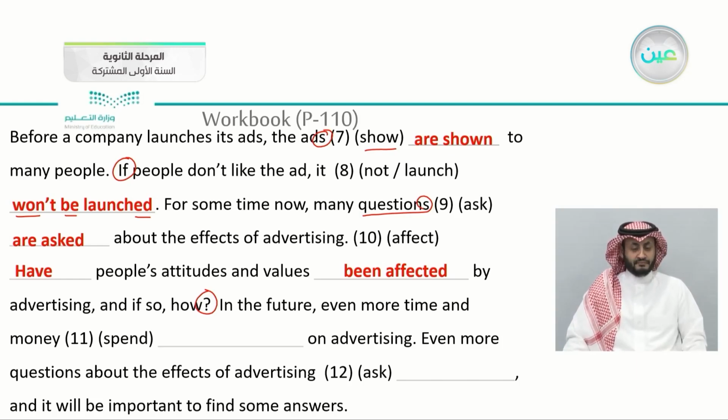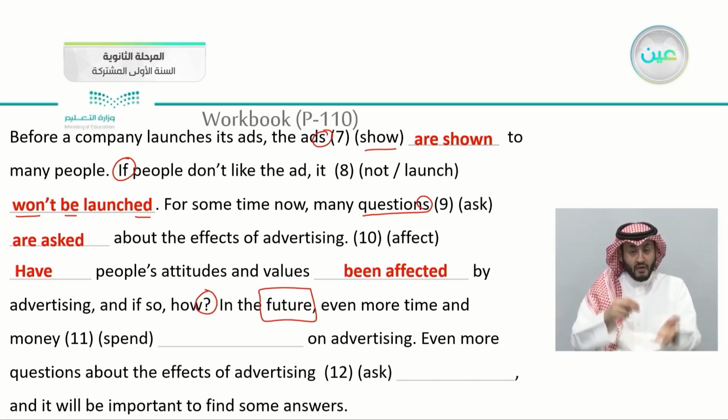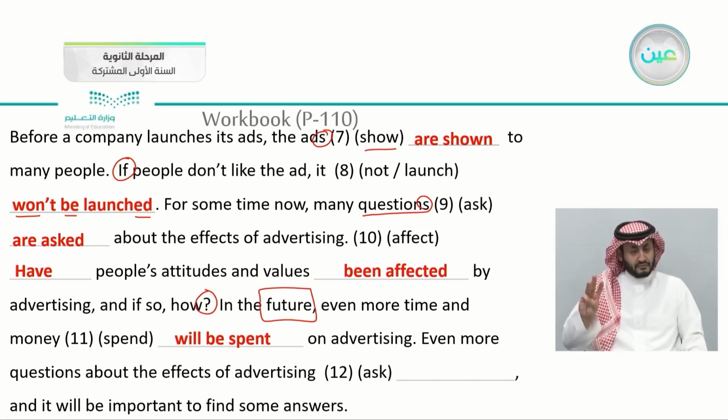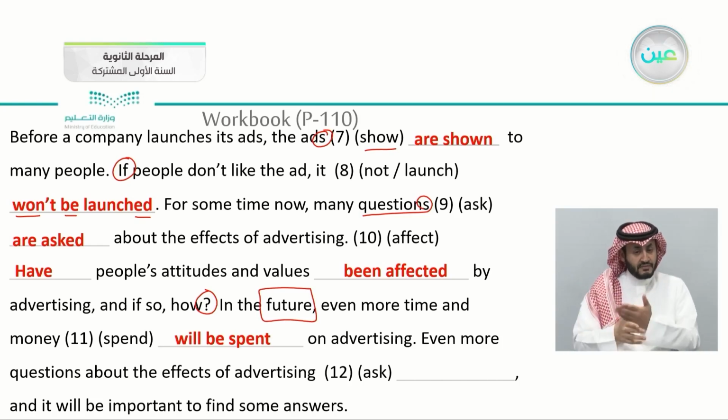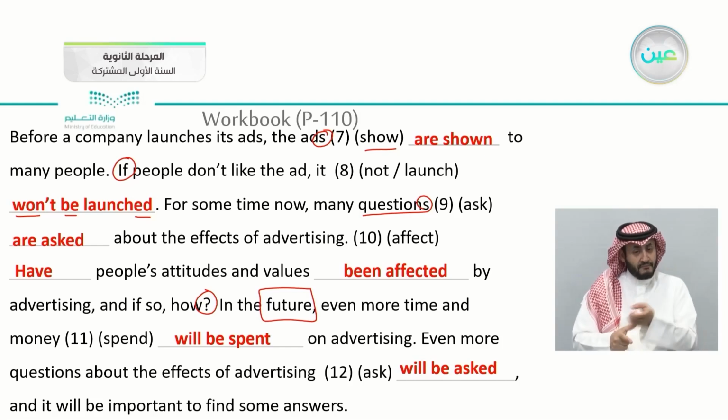In the future, now we will use the will. In the future, even more time and money, we will use will, passive, will be spent on advertising. Even more questions about the effects of advertising, ask, future, will be asked, and it will be important to find some answers.